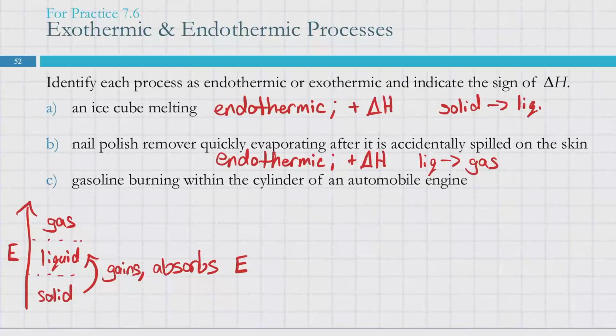It gets hot, so that means it's gaining energy. Where did that energy come from? The combustion. So the combustion released energy to make your engine hot. Burning is exothermic. And so this is going to have a negative delta H. It's losing energy.